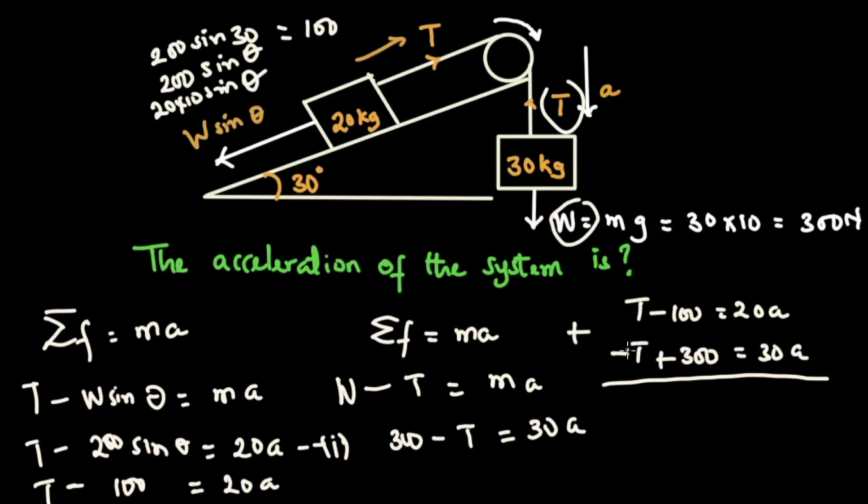T plus minus T is 0, minus 100 plus 300 is plus 200, and this is equal to 20a plus 30a, which is 50a. We can arrive at the conclusion that our acceleration is 200 divided by 50.